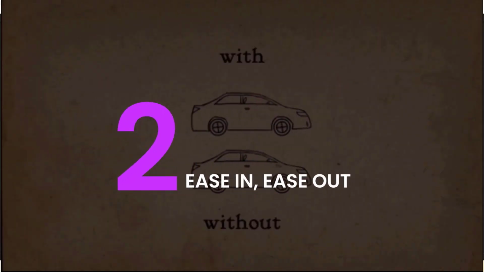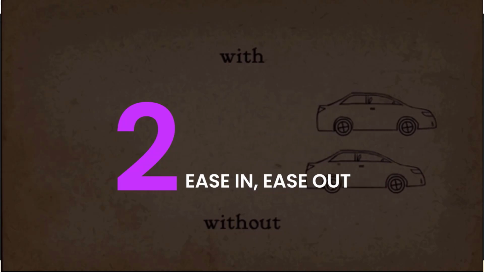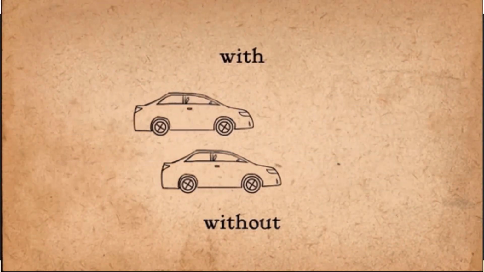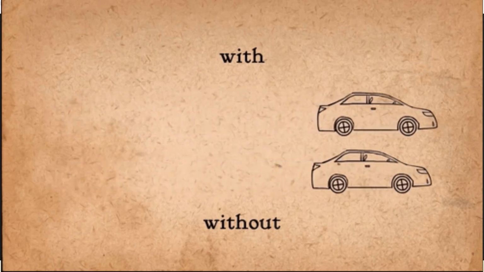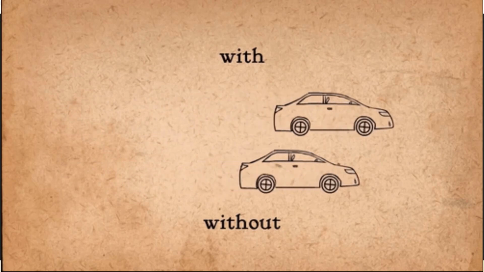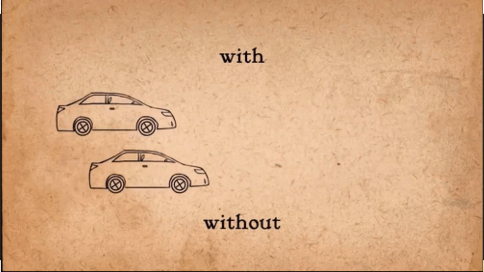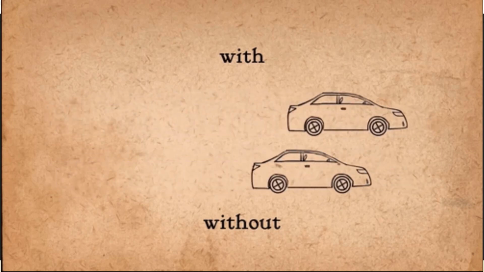Then the next principle is ease in and ease out. When an object moves away from the position of rest, now the basic law of physics states that every object by default is at rest.